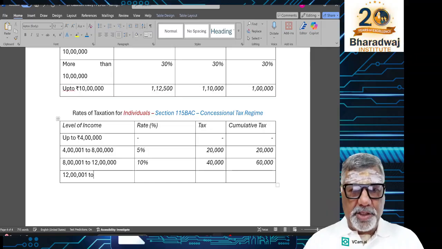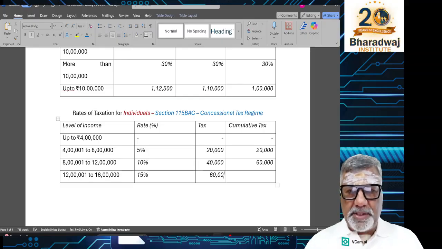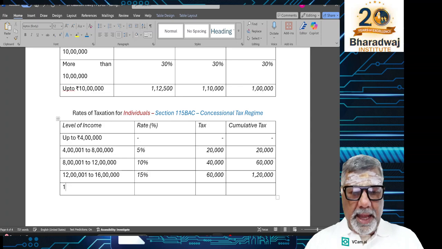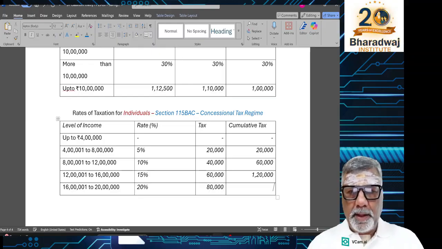Again, increase by 4 lakhs at 15%, so it will become 60,000, and the cumulative will become 1,20,000. Again, increase by 1 lakh at 20%, it will become 80,000, and the cumulative will become 2 lakh.